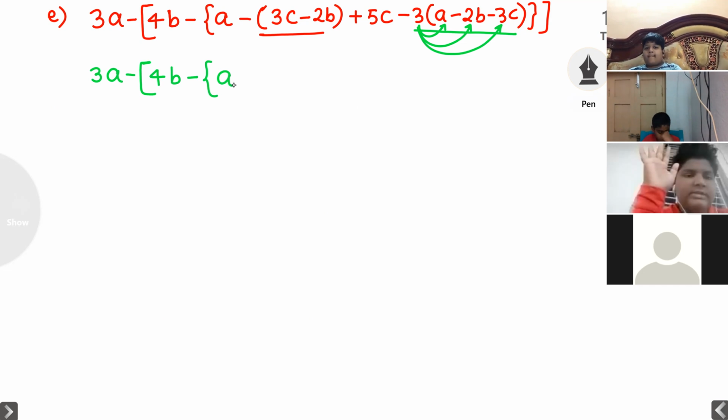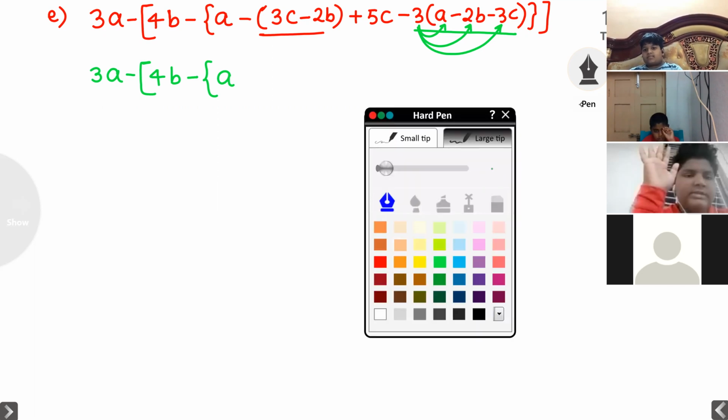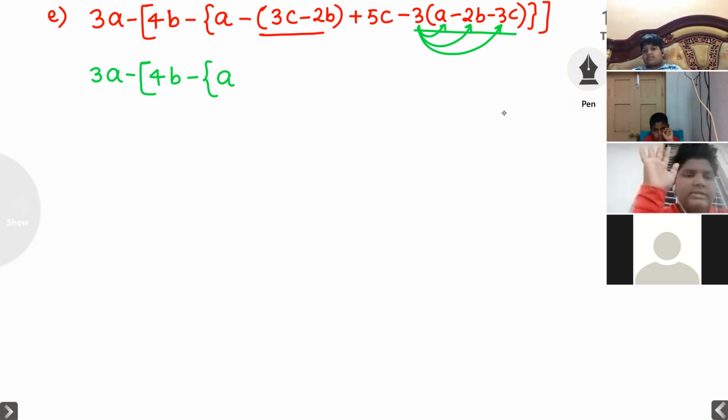Now, I am opening here small bracket, minus 3C plus 2B. Again, plus 5C will be as it is.